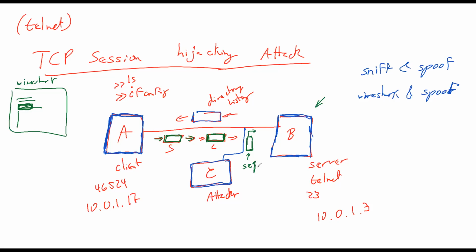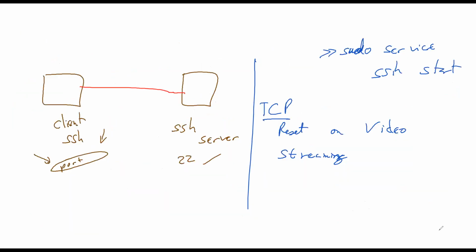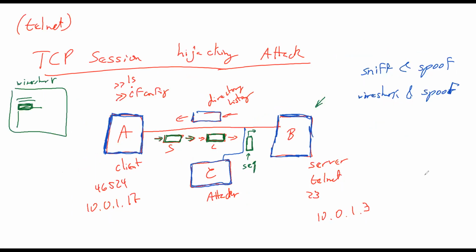That sequence number is critical, and also the sequence and the ACK need to be inverted. Our earlier discussion of this is relevant again in this problem.